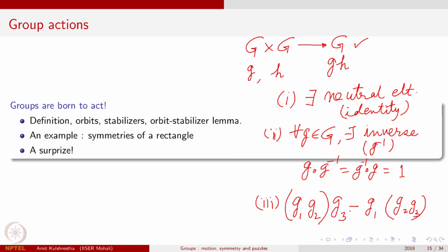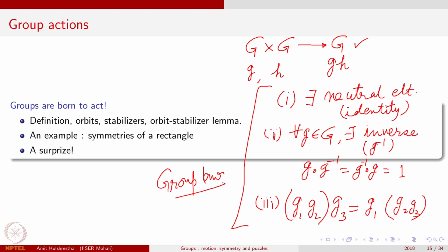The answer should be the same. So if on a set I define an operation like this which has these 3 properties, then I call it a group law.